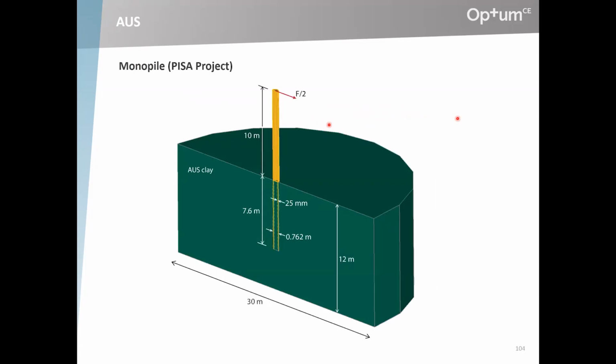And then finally, an example. I think I may have shown this before. This is one of the monopiles from the PISA project, a project that conducted full-scale tests on some fairly large monopiles. It was subjected to a horizontal load up here at the top of the pile.